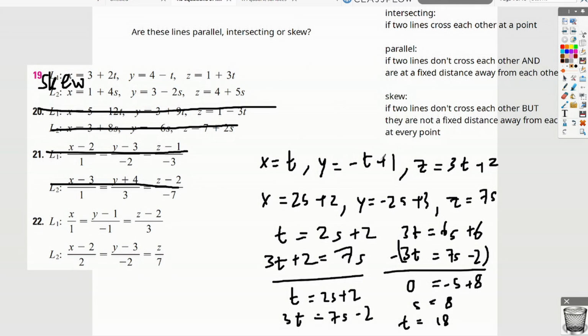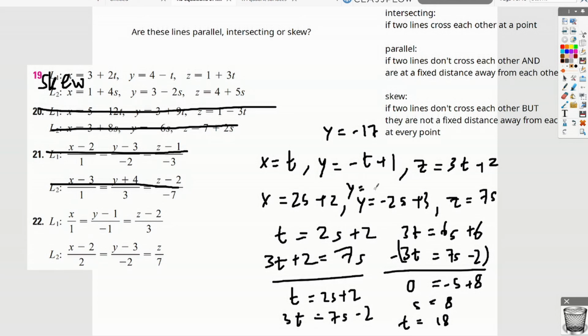So y is equal to negative t plus 1. So negative t plus 1 is negative 18 plus 1, which is, I hope I didn't do this wrong. Negative 18 plus 1 is negative 17. So you will have y is equal to negative 17 here.